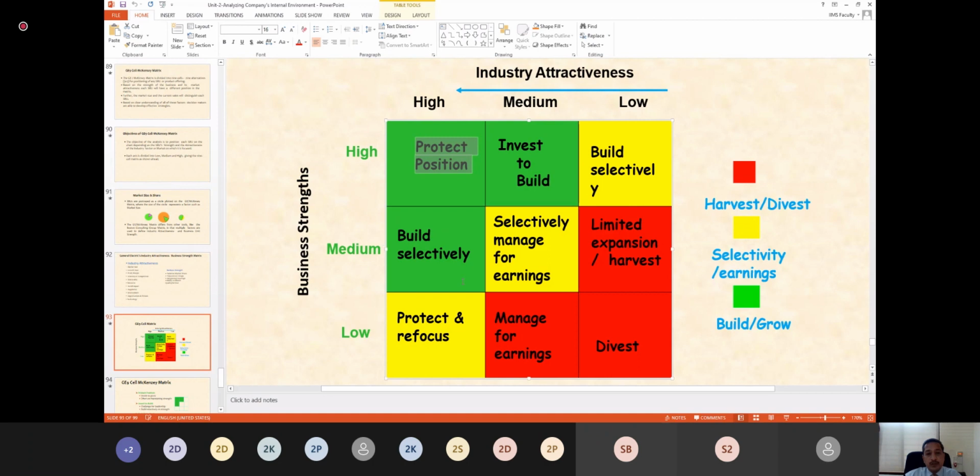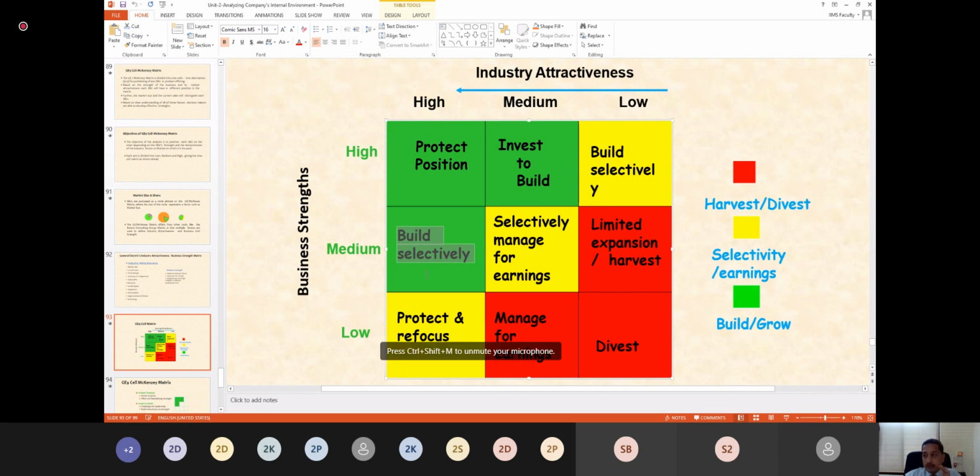If you see this third position, that is build selectively. Here the business strengths we have are medium. We have moderate kind of business strengths. However, the industry is very attractive. So this is also in the green zone, wherein we can build that type of product or business, but selectively.